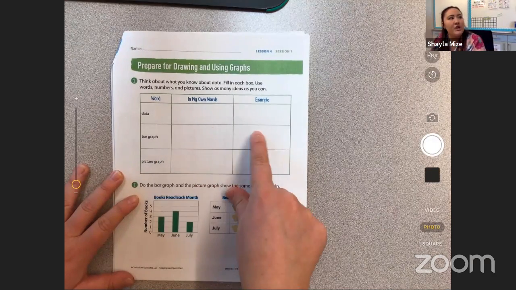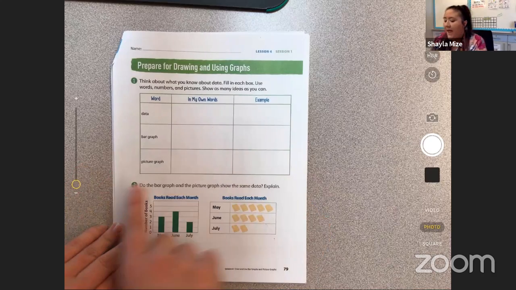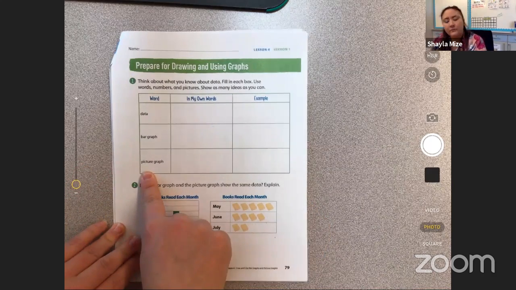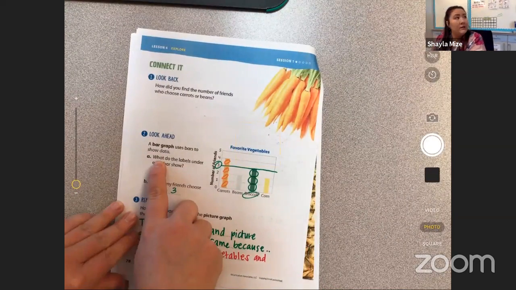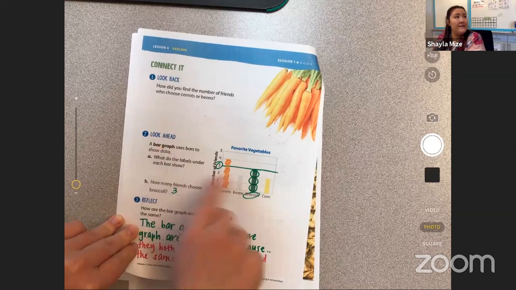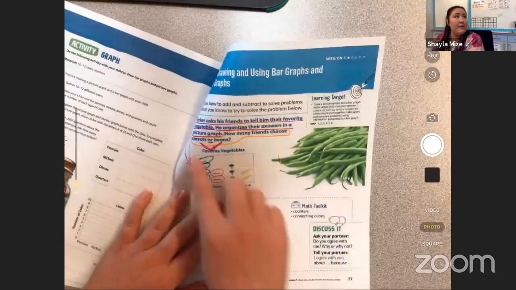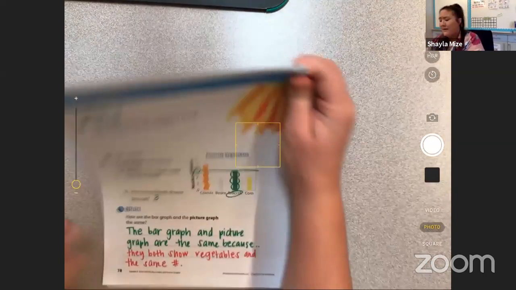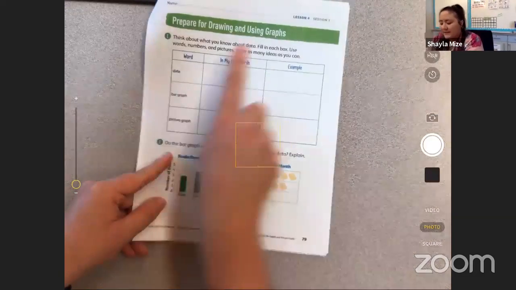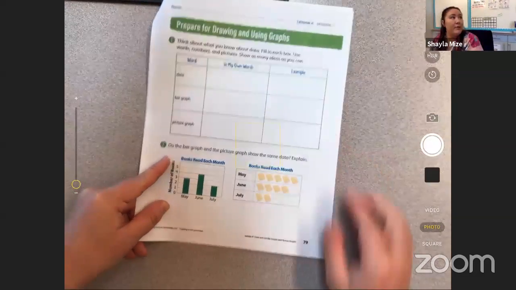And then you're going to show a quick example. And then same with picture graph. Bar graph and picture graph, you should know what those are because you could go back and look. Here's what a bar graph is, and here is what a picture graph is. Okay, so explain it in your own words. And then what do I mean by data? Explain that in your own words and give me an example.